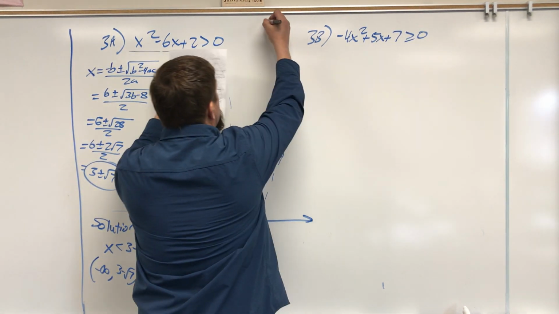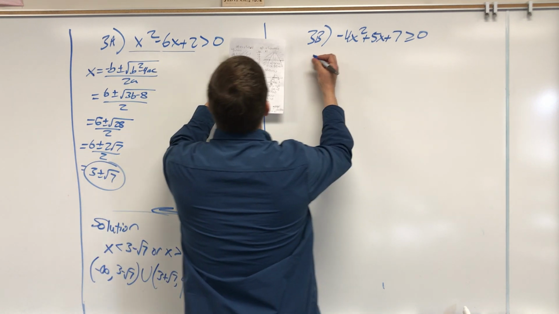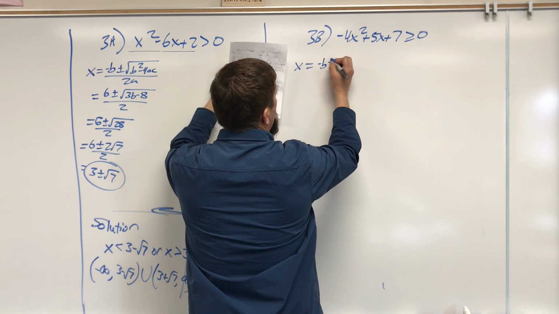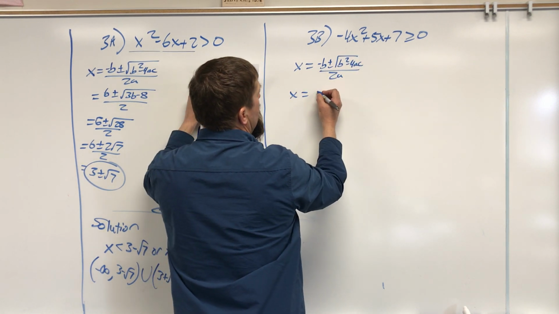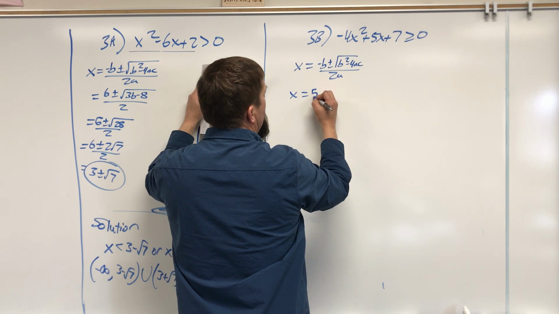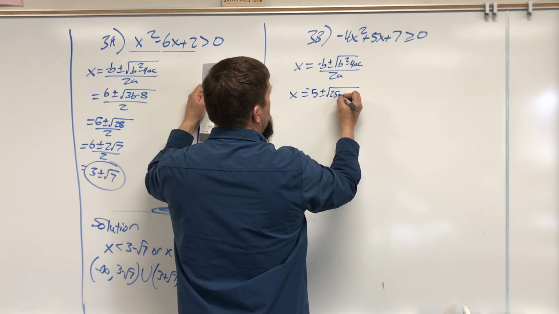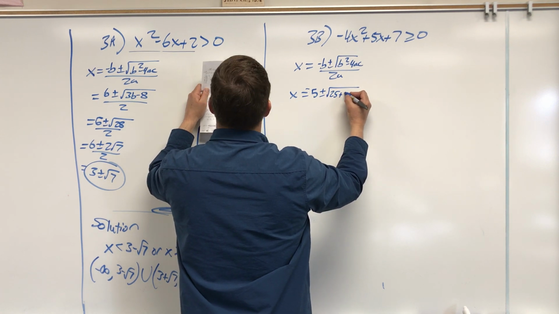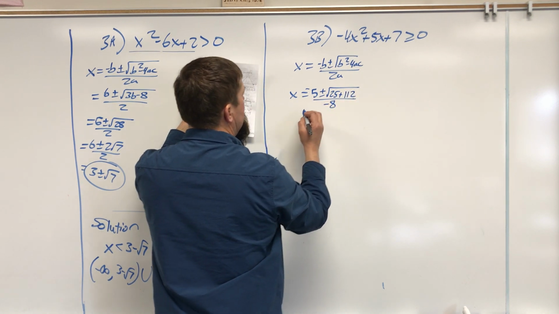Okay, now let's go with x equals negative b plus or minus the square root of b squared minus 4ac all over 2a. X equals, we have negative 5 plus or minus the square root of 25, and it ends up to be a plus 112 over negative 8.